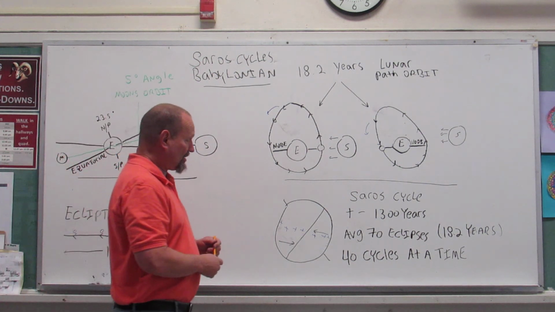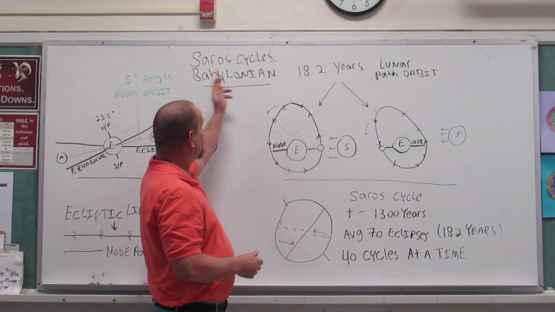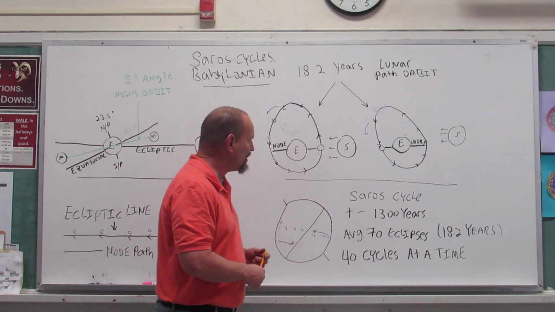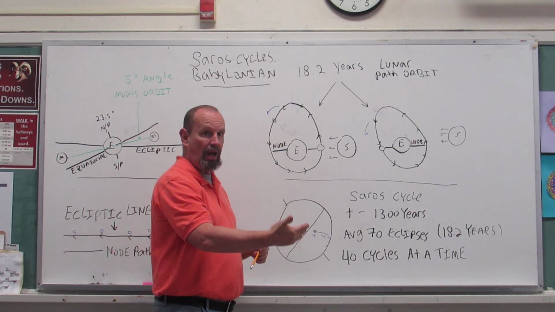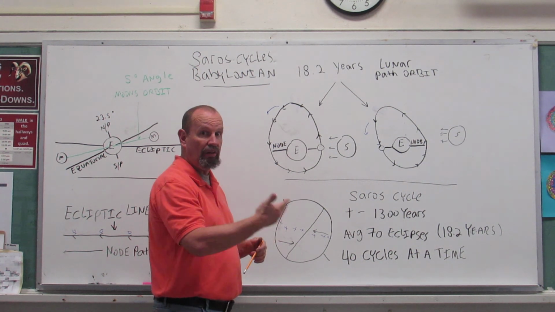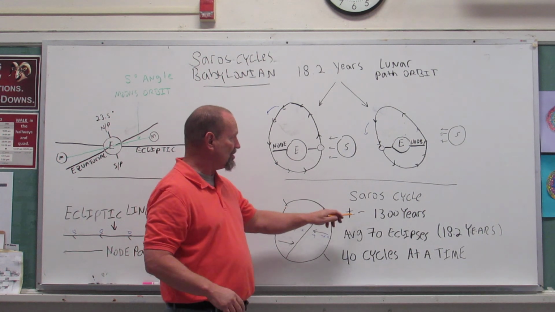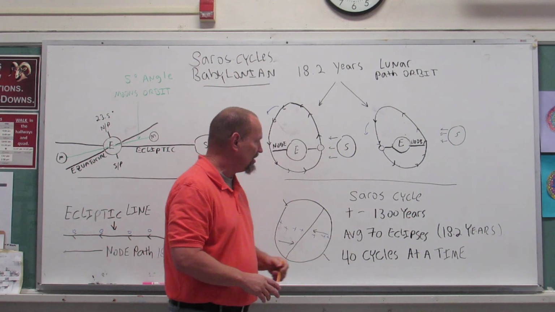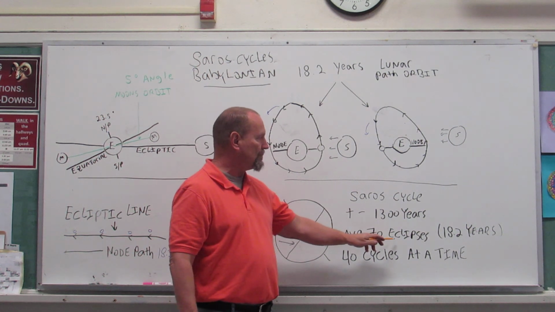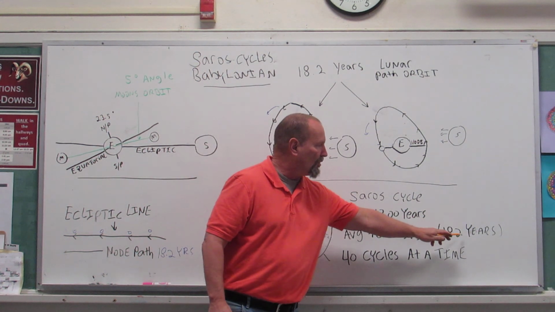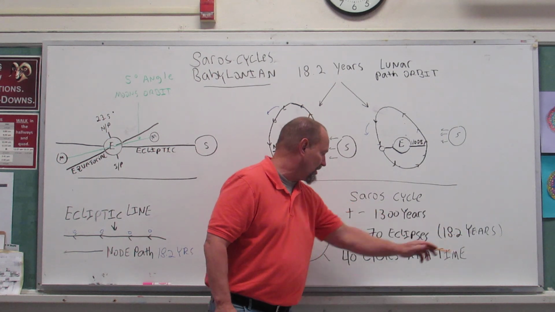What is interesting about this is what we talked about, the Soros cycle. The Soros cycle is the cycle that the eclipse actually takes over a number of years. The whole cycle takes about 1,300 years. Each cycle will have an average of 70 eclipses in them, coming around every 18.2 years.